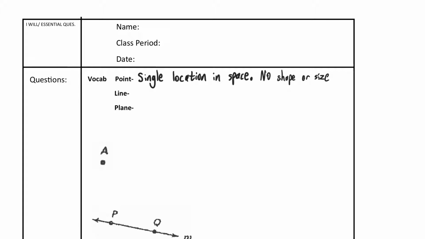Okay? So from your thing on Friday, what is a line? Okay? It is a collection of points in a straight row. All right, and then what is the definition of a plane?